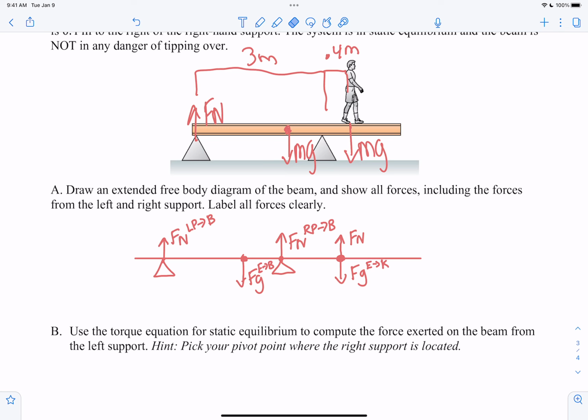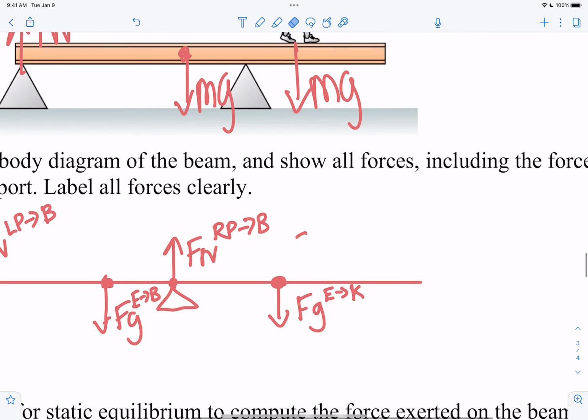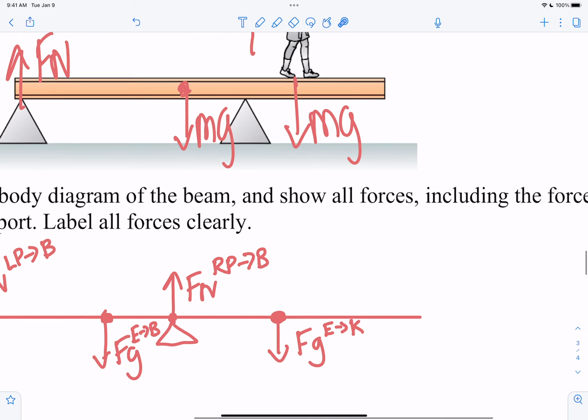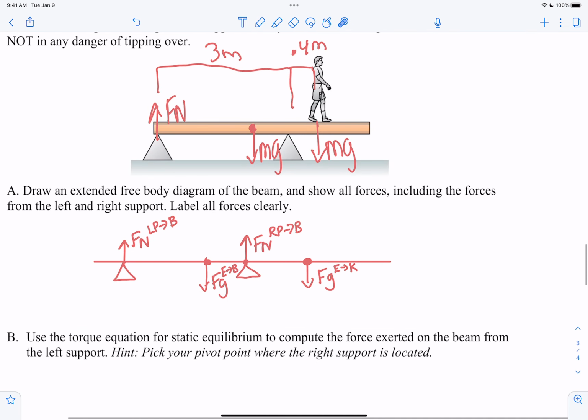Oh, I see what you're saying. Relative to the beam itself only, what are the forces acting on it? Okay. So each support is giving a normal force acting on the beam. Then maybe the normal force on the kid wouldn't be included, because that's a force the beam exerts back on the person, and that's not what we're interested in.